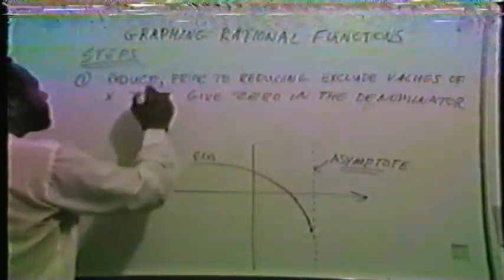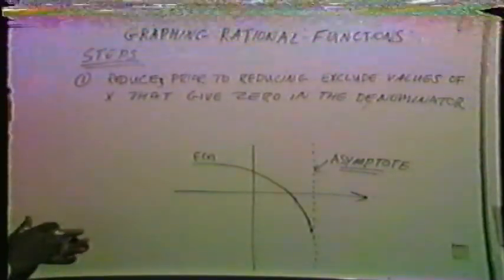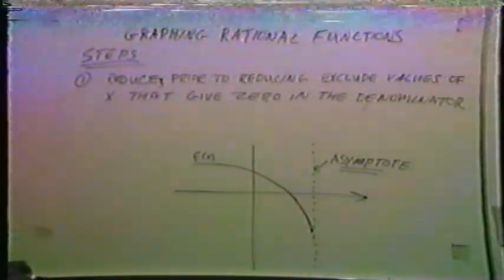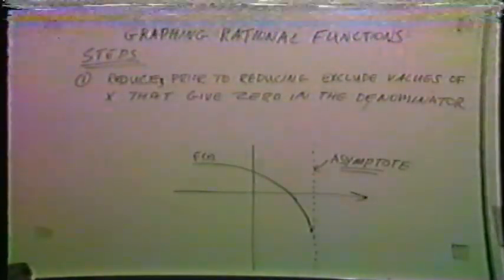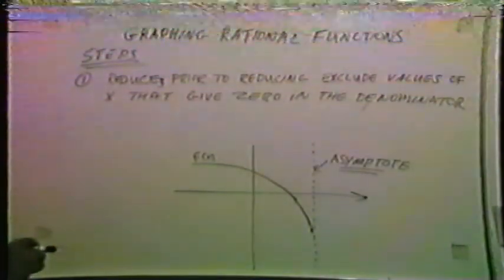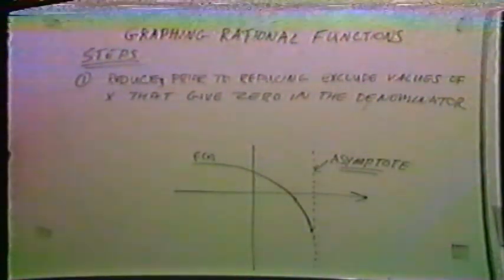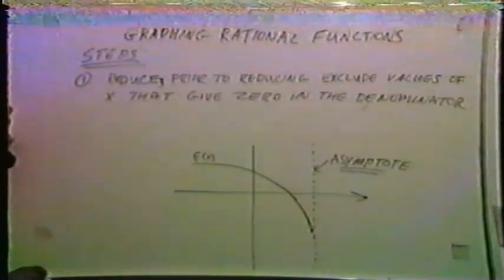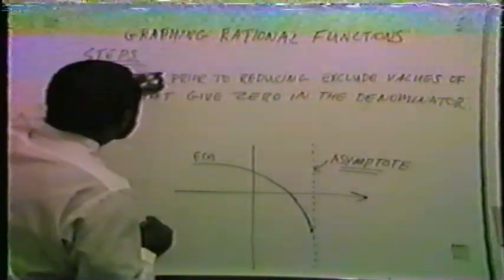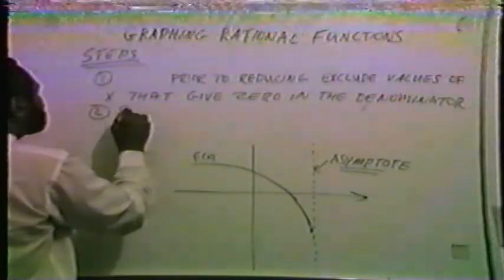So you have to really do this prior to reducing. Before you reduce, you have to exclude values of x that will give you 0 in your denominator. To do that, of course, you might have to factor your denominator if it's not already factored. Okay, so in fact, let's make this step number one, and we'll make step number two, reduce.